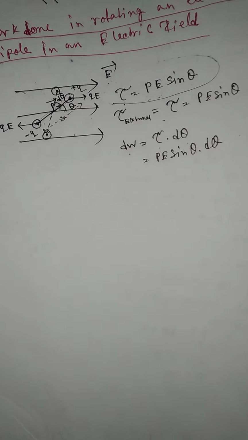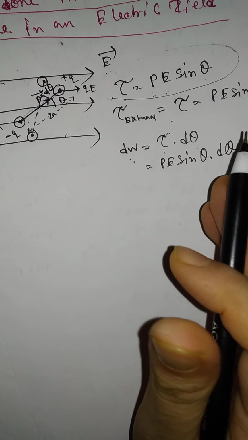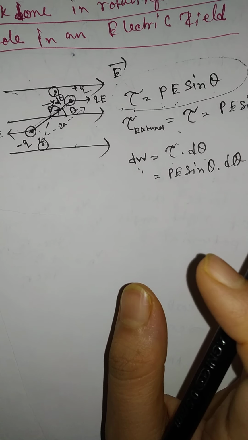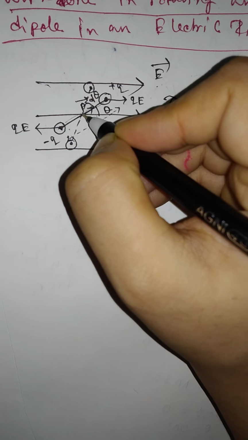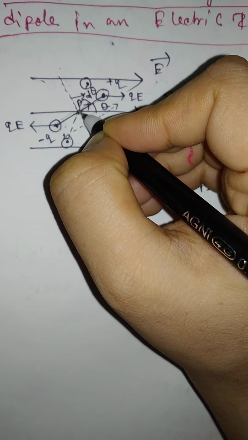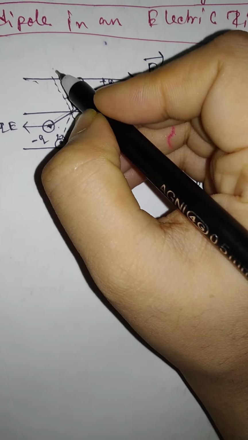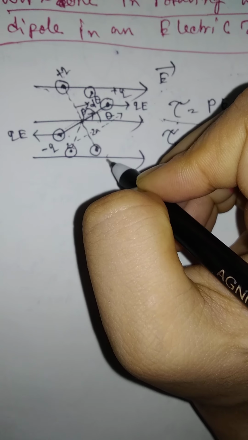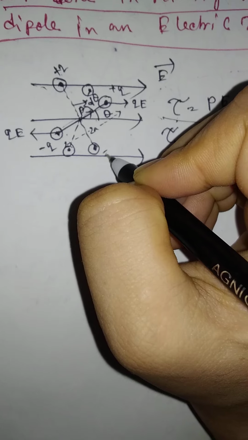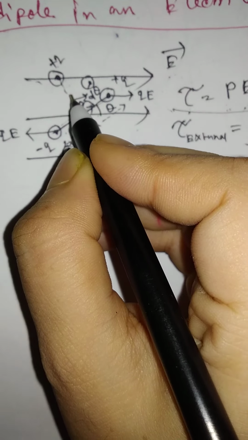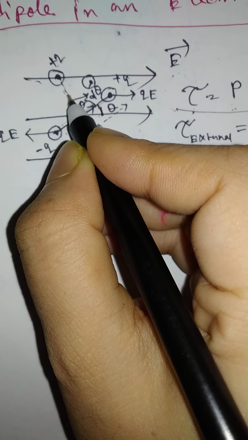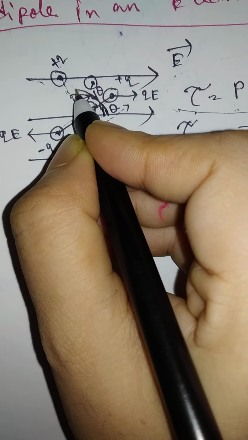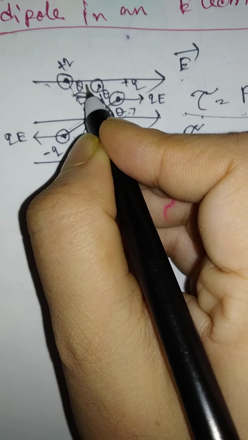So now if we integrate dW, then we can get the total work done to rotate this dipole from theta to theta 1. Suppose we want to rotate this dipole from theta to theta 1, along this side. Suppose this one is minus q, this one is plus q. This is the initial angle and this final angle is theta 1.